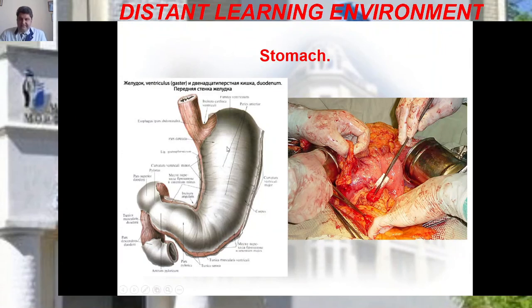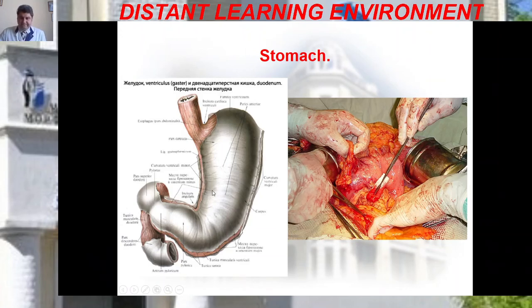It has anterior wall, posterior wall, fundus, cardia, curvatura ventriculi minor or lesser curvature, and curvatura ventriculi major or greater curvature.